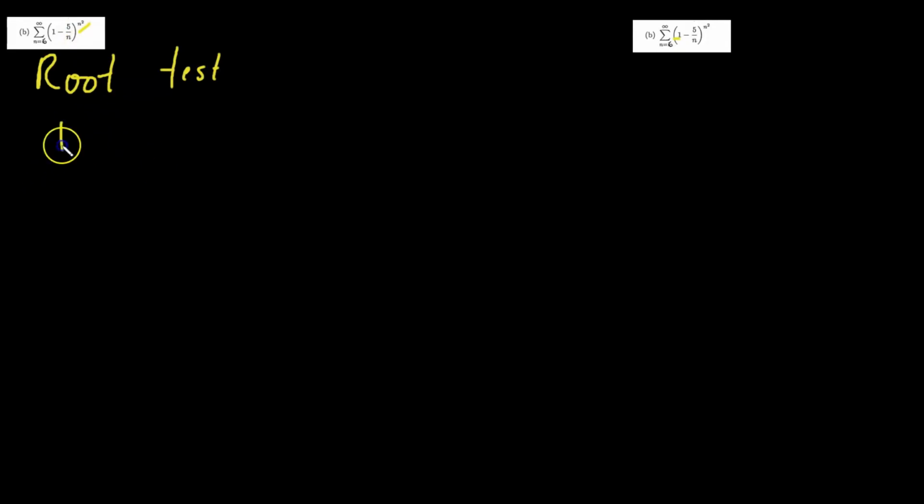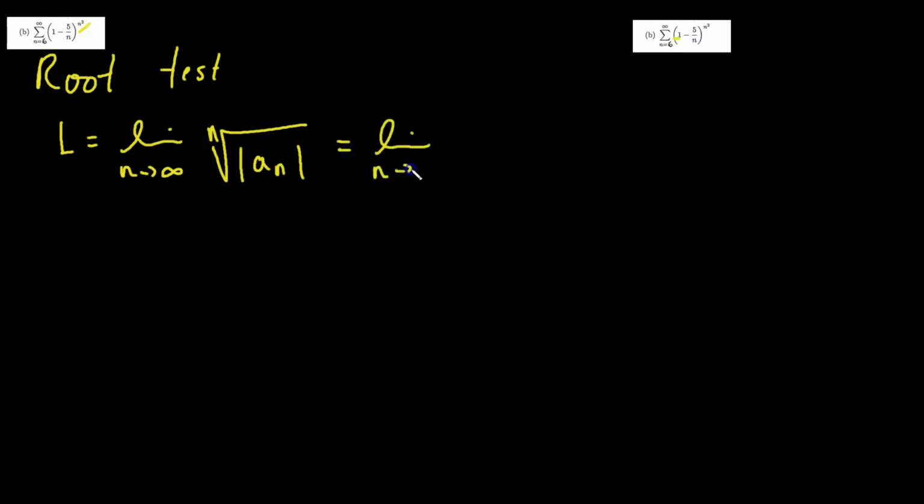The root test states that L equals the limit as n approaches infinity of the nth root of our an, which is the series, the absolute value, and that's further changed to the power of 1 over n.